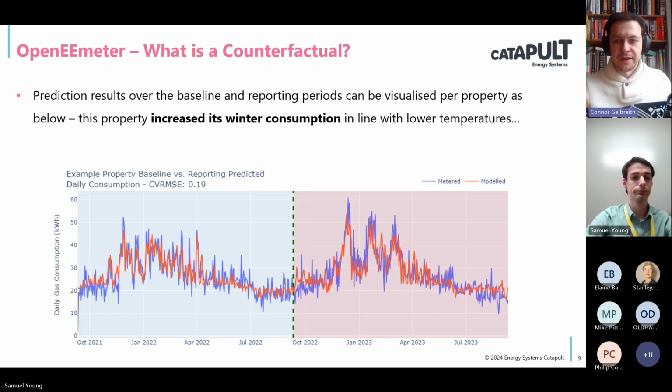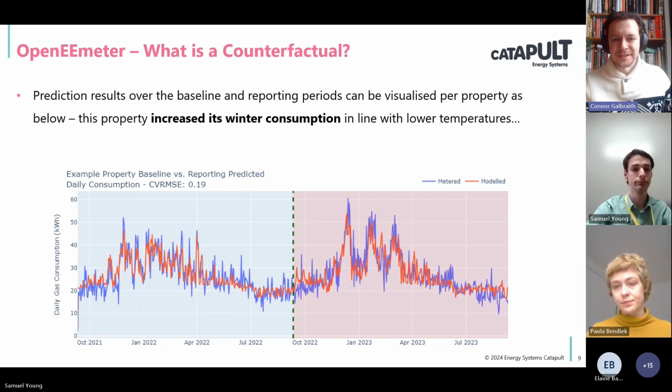In this graph, the blue line represents the actual observed meter readings, the gas consumption on a daily basis for this property, and the red line is the counterfactual energy consumption prediction from the OpenEEMeter package.